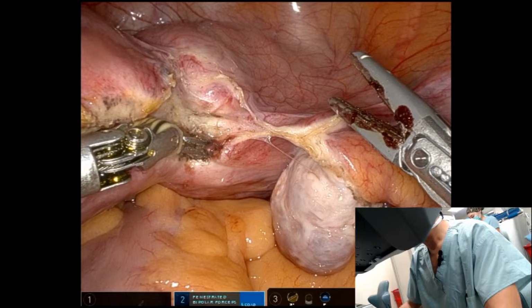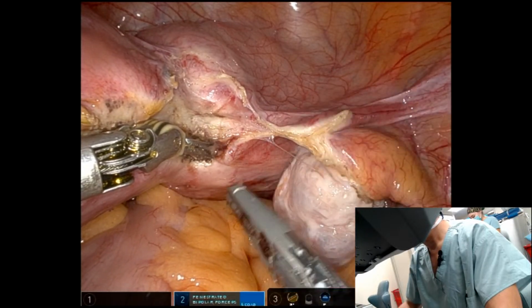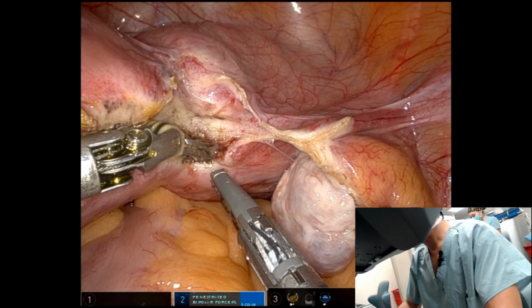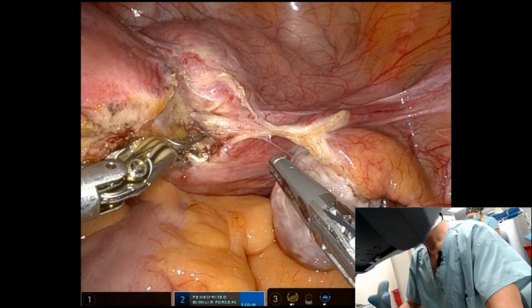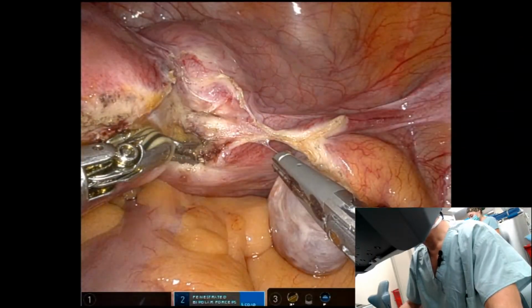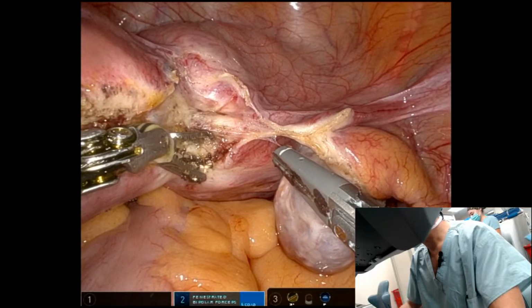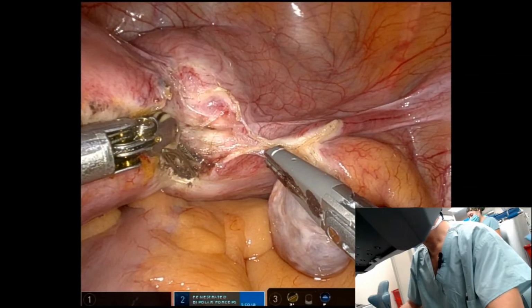Here is the uterine artery right there. You can see pumping the uterine artery right here underneath. Have to make sure that we get the uterine artery before transecting it right here.